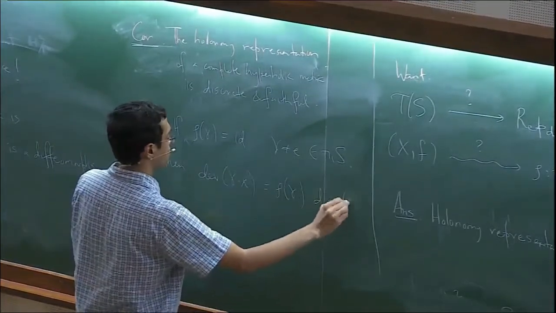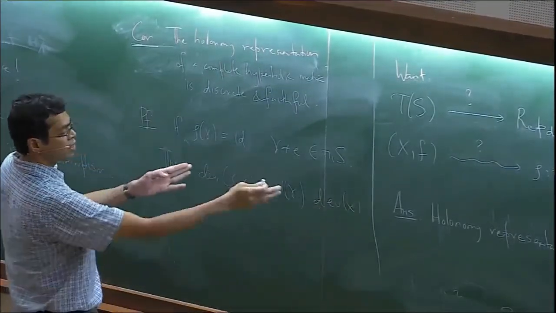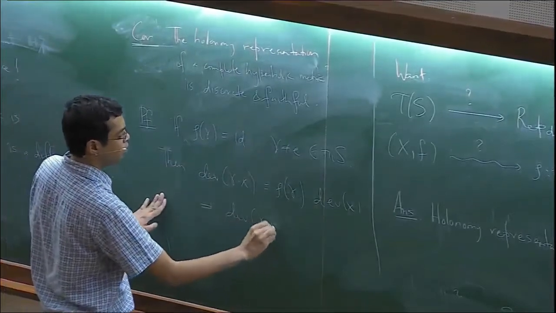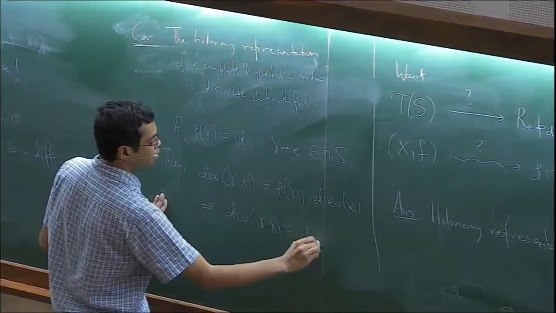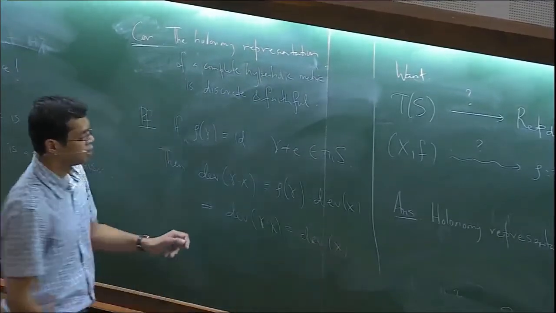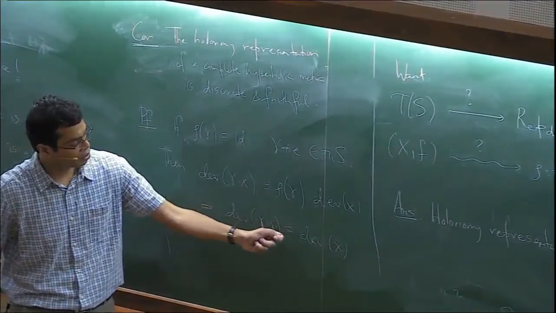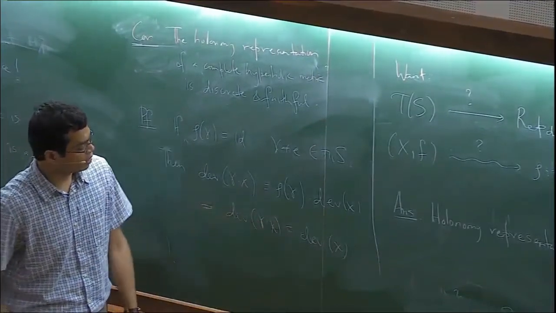So this is identity, which implies that the developing map takes gamma acting on x to the same point as it takes x.